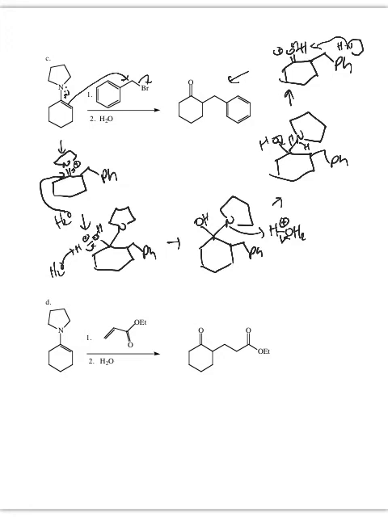We can do the same sort of thing here where the enamine attacks the alpha beta unsaturated ester to give us this.